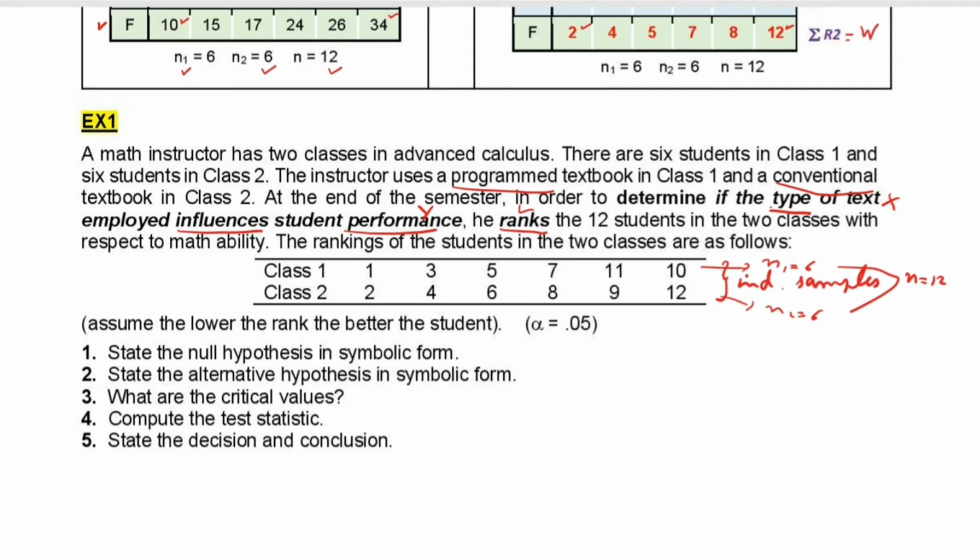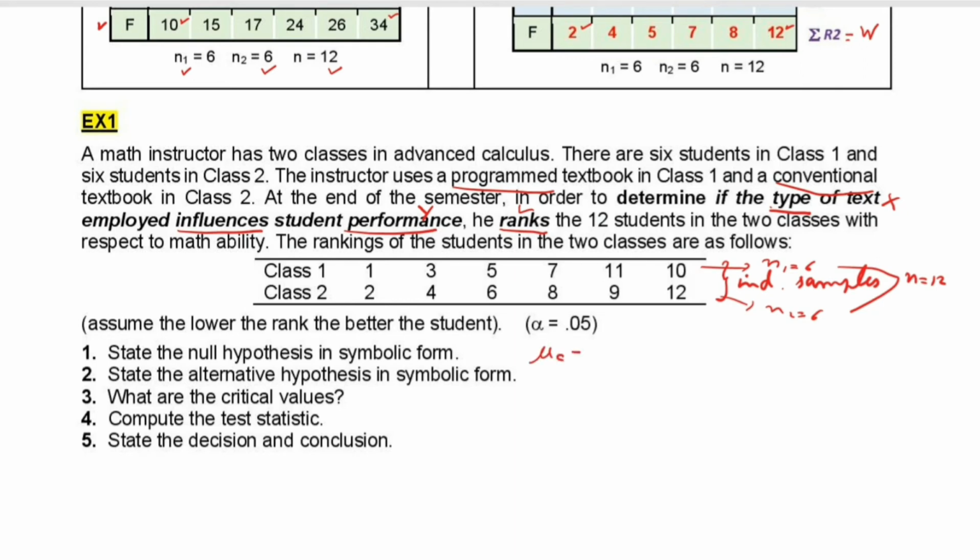So Y depends on X. That means if you change type of text, student performance will change. Student performance is measured at ranks. Therefore, you compare means.